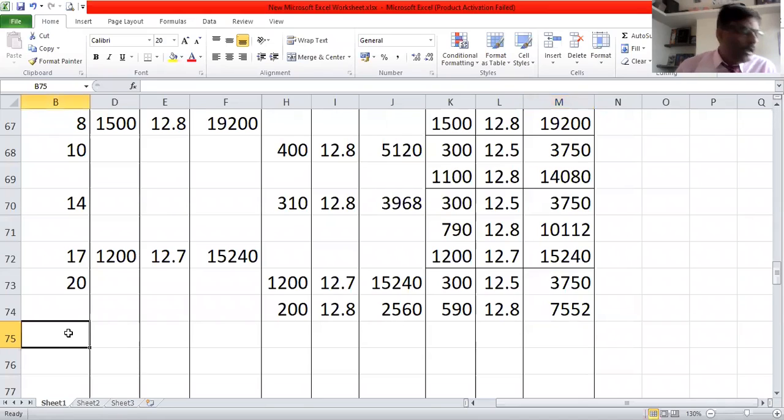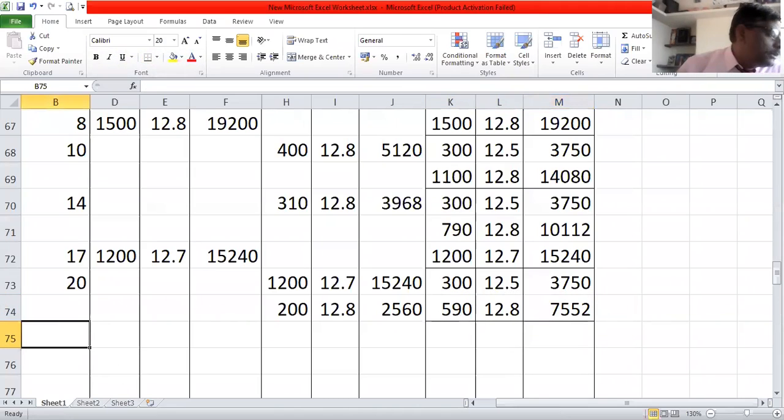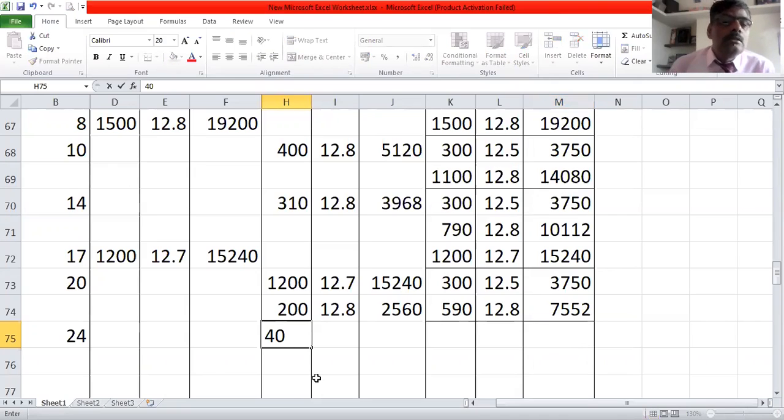Next, after 20, the date is 21, and there is a return to vendor. Return to vendor is recorded in the issue column, so you underline the balance. Return to vendor is 40 units, and this was purchased on 17th July.